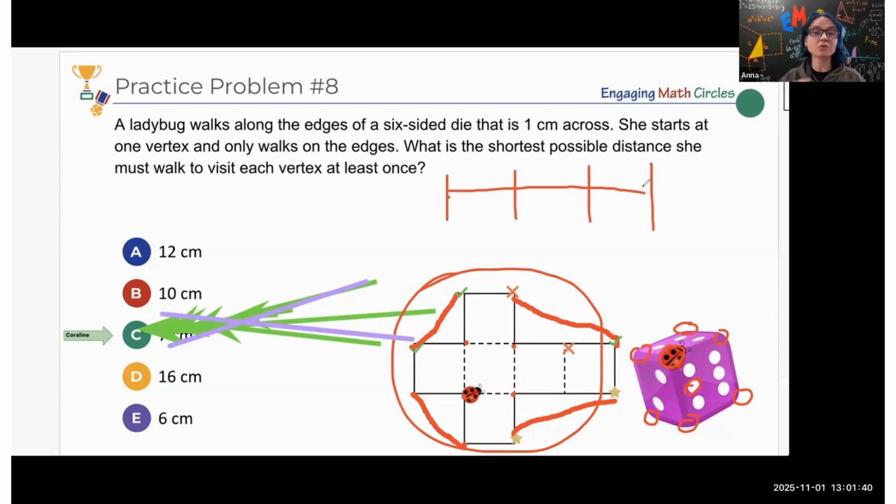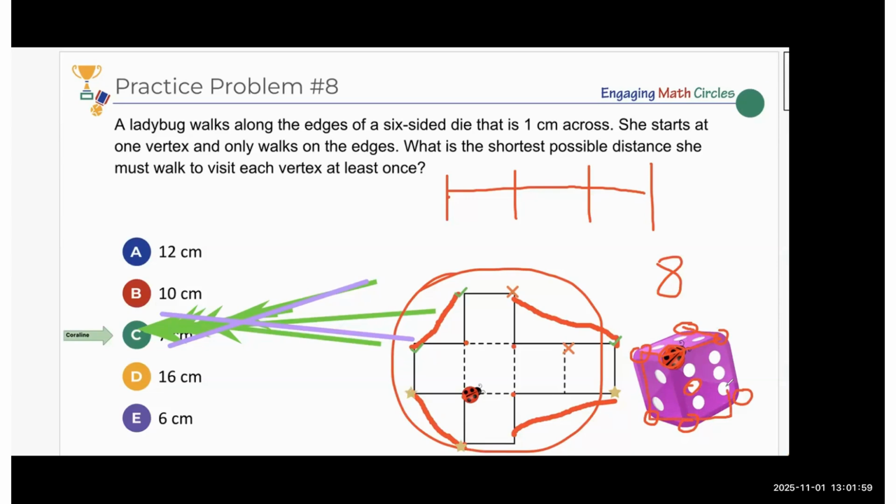Without repeating and going through each vertex. So I had originally not 4, I had 8. And I was able to go from one to another, and close it, without repeating.